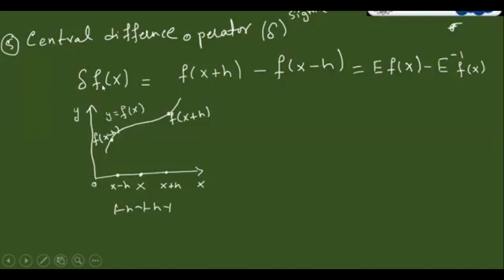So we can say the central difference, which is numerically defined like that, will be defined in terms of the shift operator like that. So what is the relation we can observe from it?